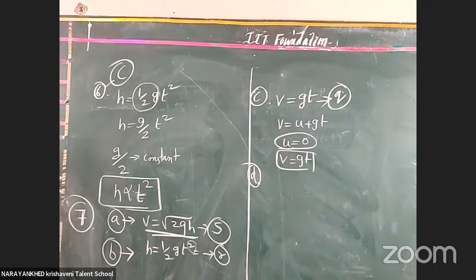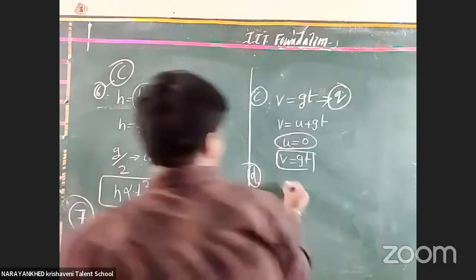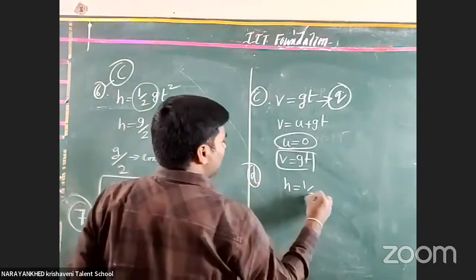Time taken to reach the ground, D. Simply, it will be taken from the formula h equal to half g t square.